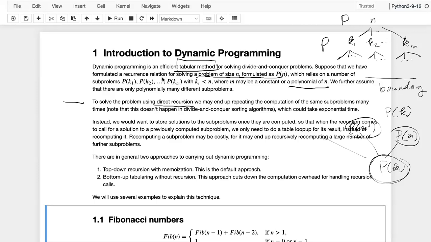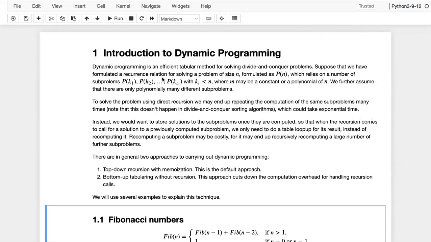And then we are going to look at in detail how this is done. Okay, so once again, we would want to store solutions to the subproblems once they are computed, so that when the recursion comes to call for a solution to a previously computed subproblem, we only need to do a table lookup without repeating the same computation.